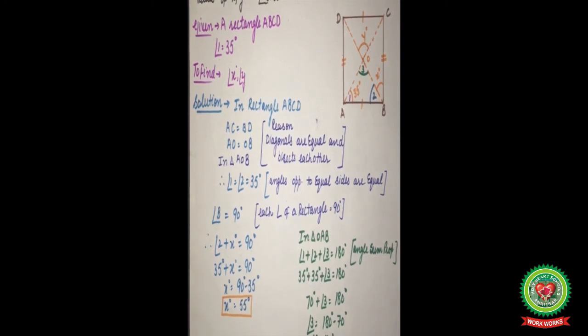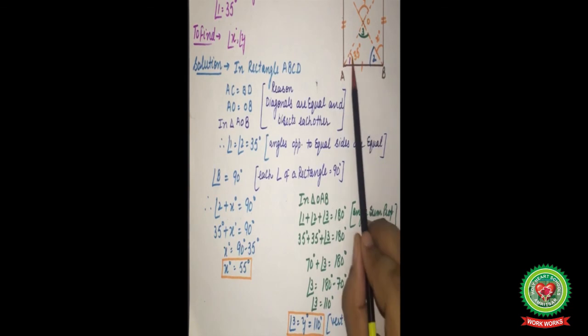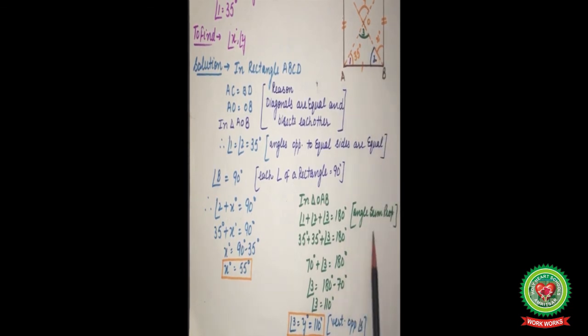Now we have calculated the value of x. Now we need to calculate the value of y. So for that, we are going to use, in a triangle OAB, angle 1 plus angle 2 plus angle 3 equal to 180 degrees. That is the angle sum property of a triangle. Now we are going to substitute the values of angle 1 and angle 2.